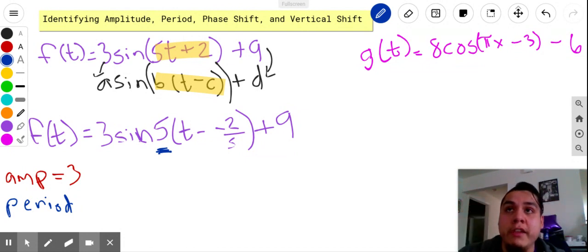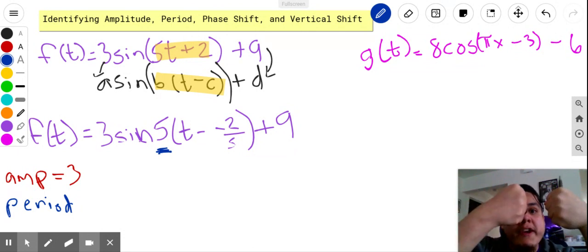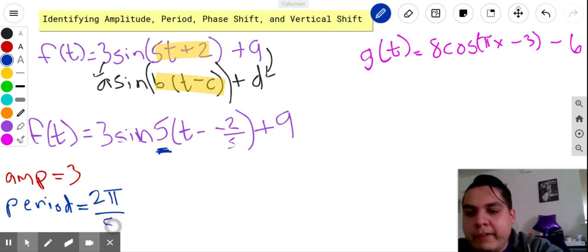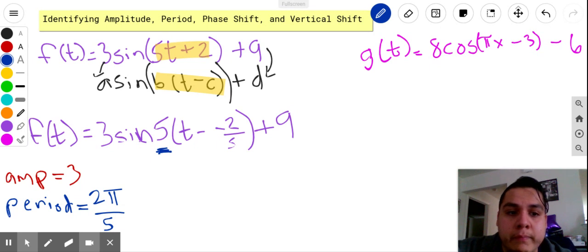So instead of the period taking 2 pi to complete, it's going to take 1/5 of that amount of time to complete. So the period should actually be 2 pi divided by 5. As long as you understand where the 2 pi comes from and why it's always going to be 2 pi, think about what I did with that b value to get my period.